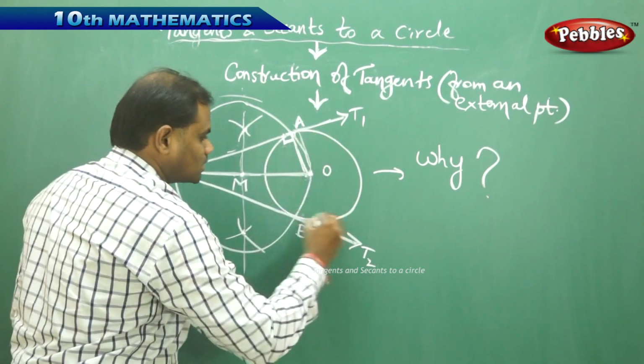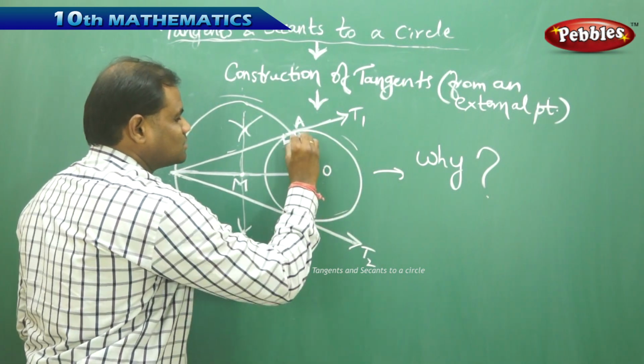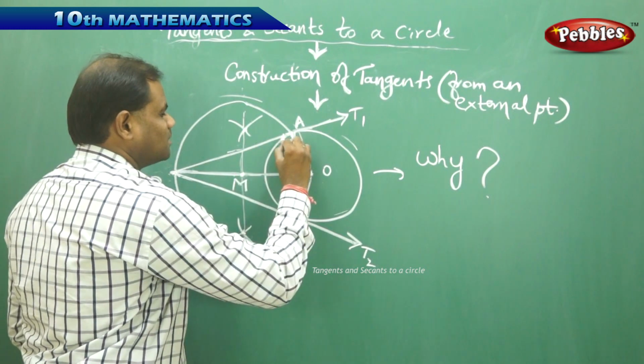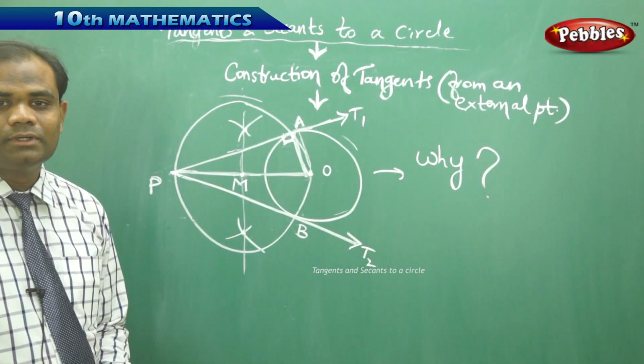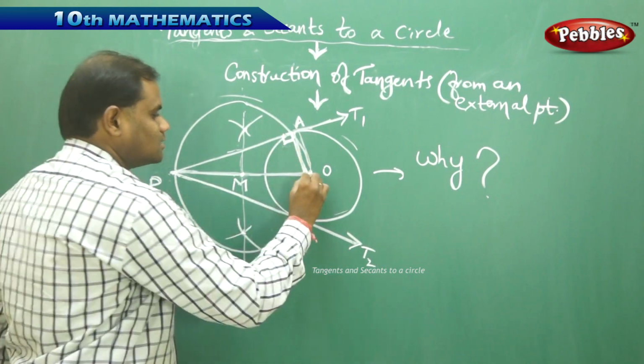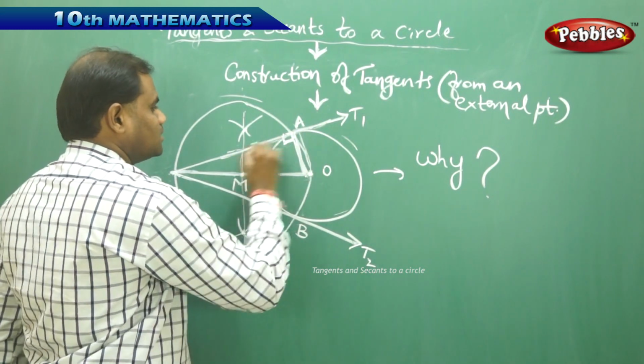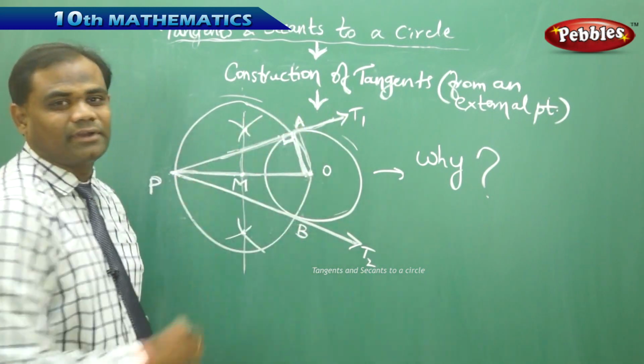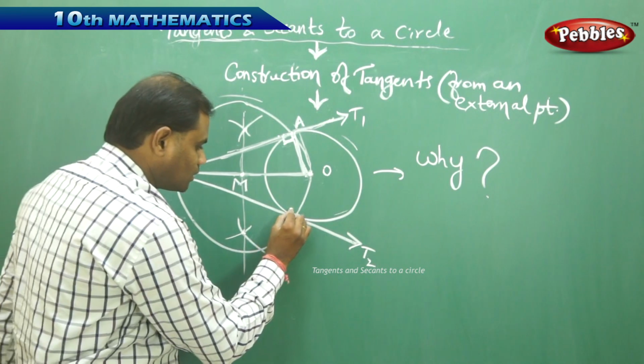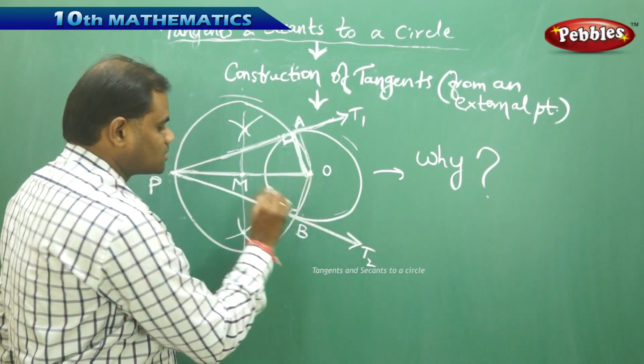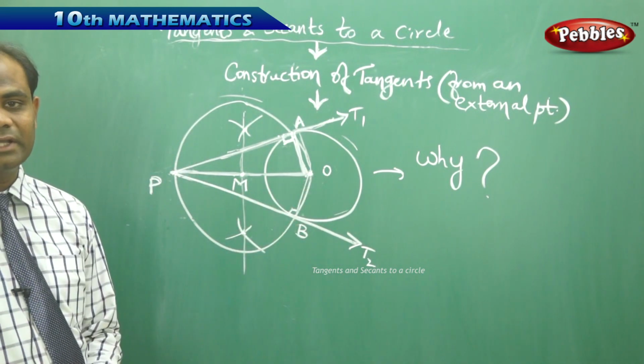if you take the smaller circle, I get the same angle to be the radius which is perpendicular to tangent. Because this angle is 90, this must be a radius and this must be a tangent to that radius. That is how we conclude using the concept of radius perpendicular to tangent.